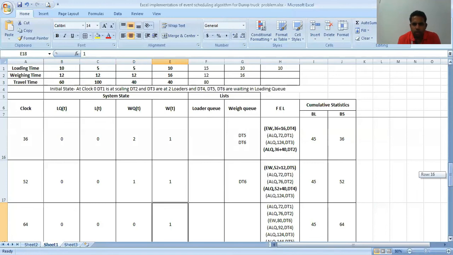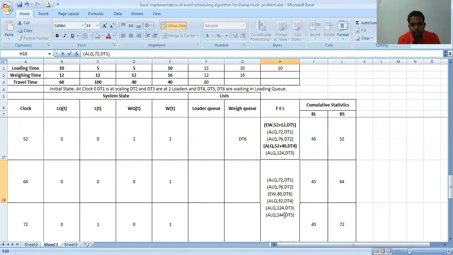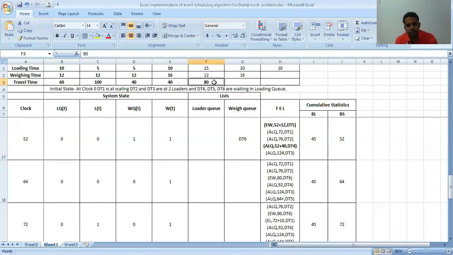And now if you see here, the notices are included in the same way, where your new notice with respect to DT5 is included as 64 plus the next traveling time of DT5, which is 80.